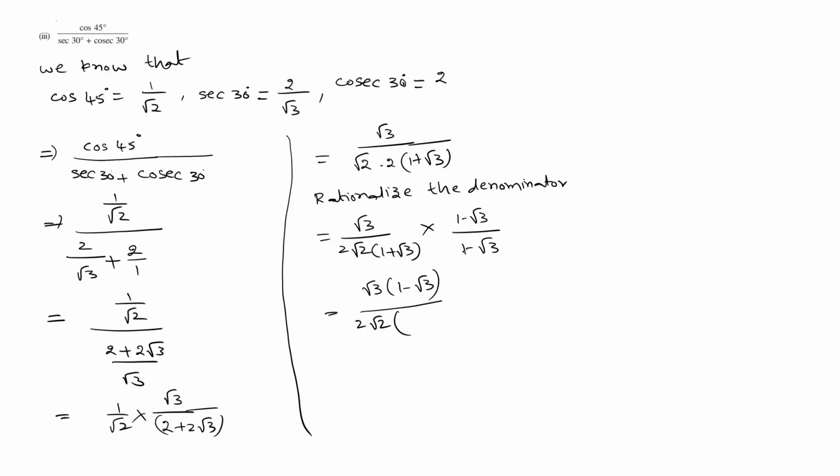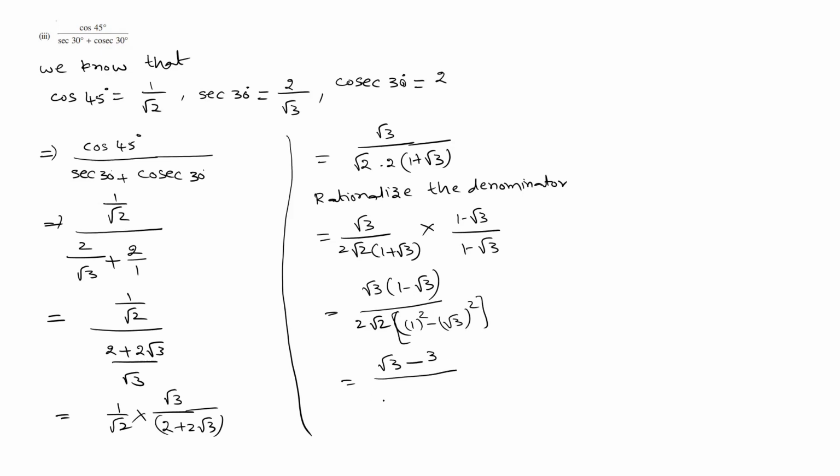A plus B into A minus B is A square minus B square. So 1 plus root 3 into 1 minus root 3 will be 1 square minus root 3 whole square. Okay. So now root 3 into 1 is root 3, minus root 3 into root 3, root 3 whole square is nothing but 3.